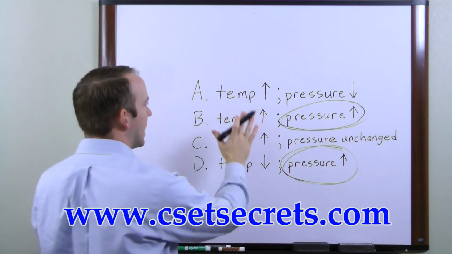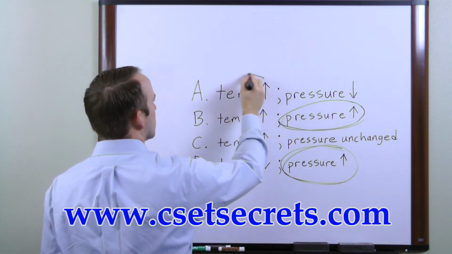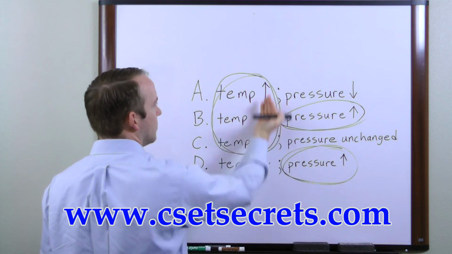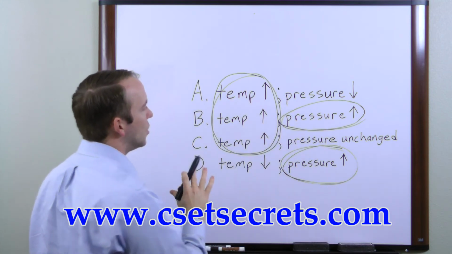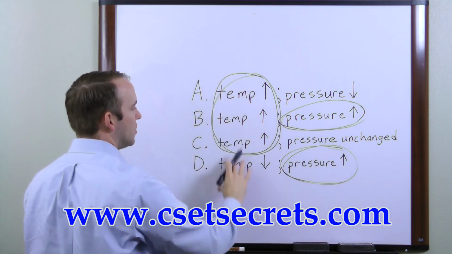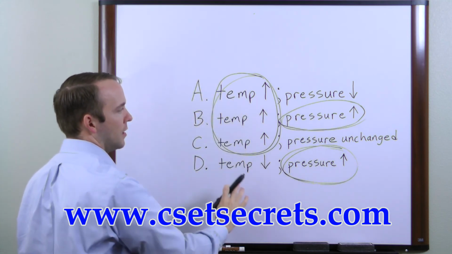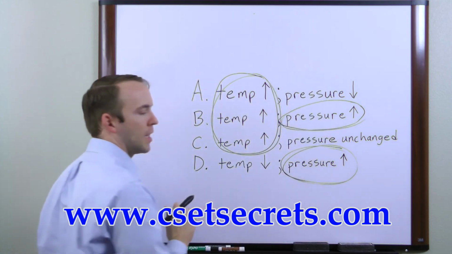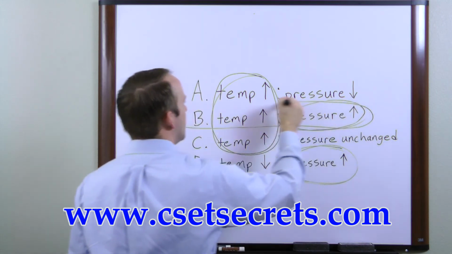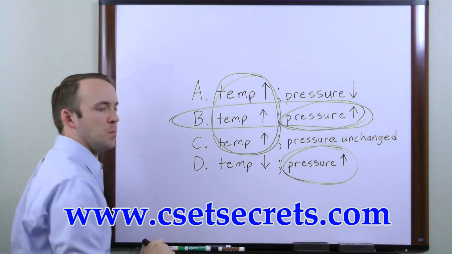And then as you look back at this section, the answer is likely going to be one of these 3 that have the temperature going up. And so which answer choice marries the most popular selection over here with the most popular selection over here? And the answer is going to be this one right here, choice B.